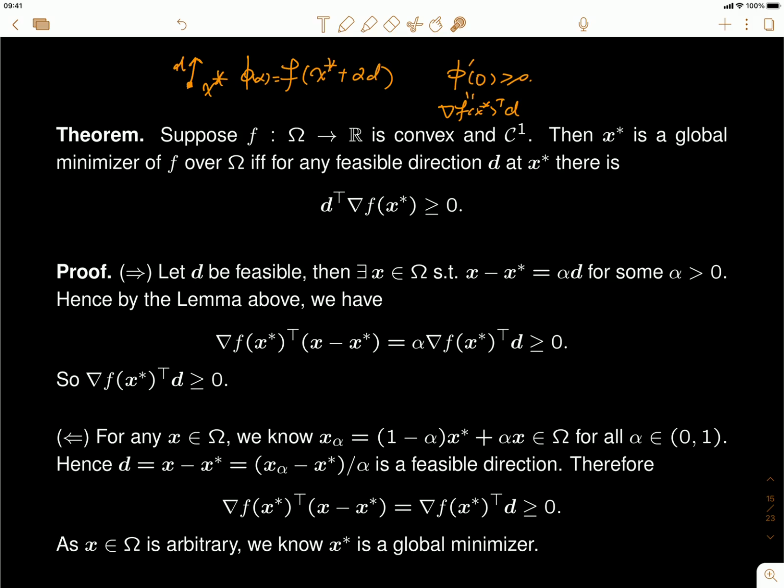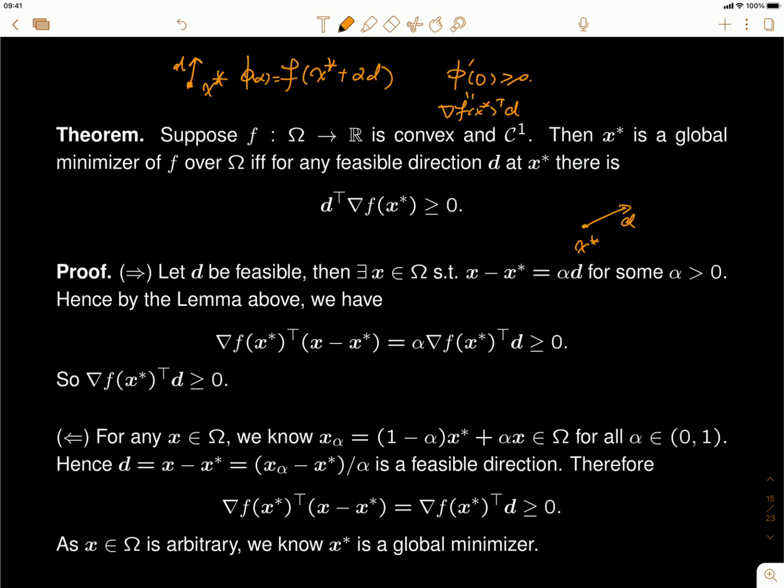Now let's say d is a feasible direction. Because d is a feasible direction, from x star I can go along the direction d not too far and still be in omega. This means it's a feasible direction.